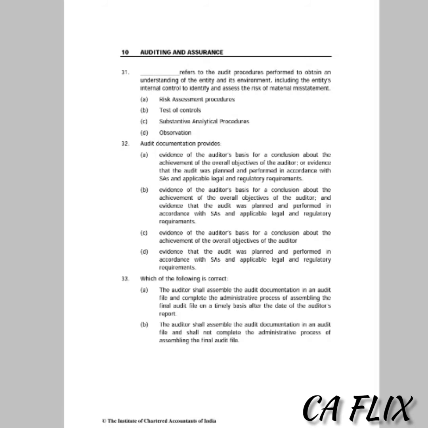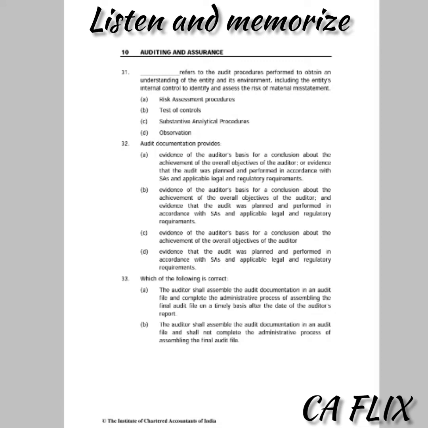Question 32. Audit documentation provides: Option A, evidence of the auditor's basis for a conclusion about the achievement of the overall objectives of the auditor, or evidence that the audit was planned and performed in accordance with SAs and applicable legal and regulatory requirements.